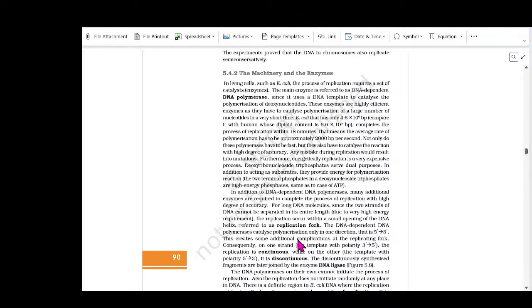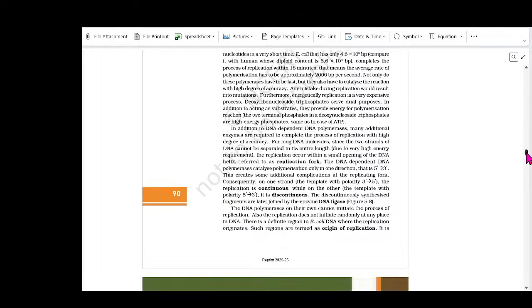This creates some additional complications at the replication fork. Consequently, on one strand, the replication is continuous, while on the other strand, the template with polarity 5' to 3', it is discontinuous. The discontinuously synthesized fragments are later joined by the enzyme DNA ligase.